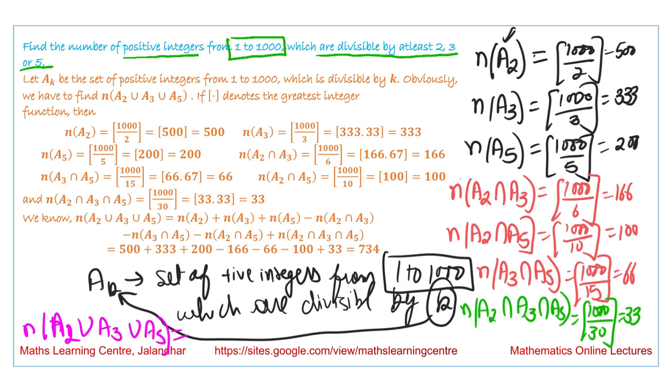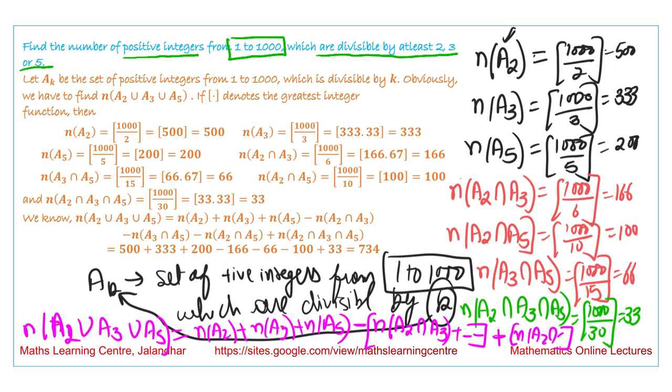And the formula we know from set theory is: the number of elements in A2 plus the number of elements in A3 plus the number of elements in A5, minus the number of elements in A2 intersection A3 and the other two pairwise intersections, and lastly plus the number of elements in A2 intersection A3 intersection A5.